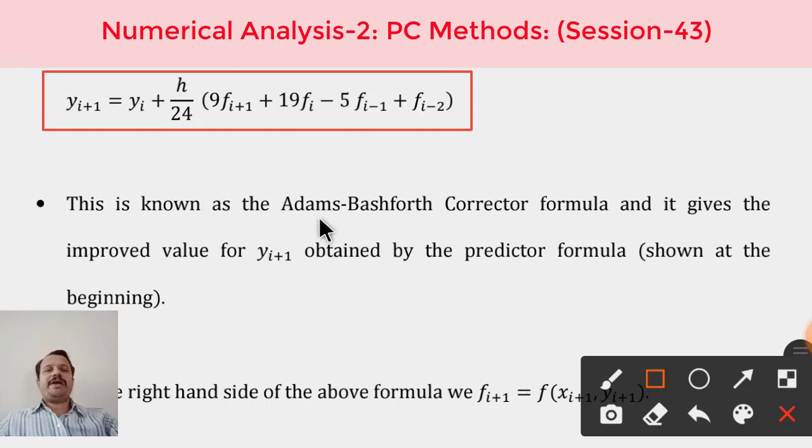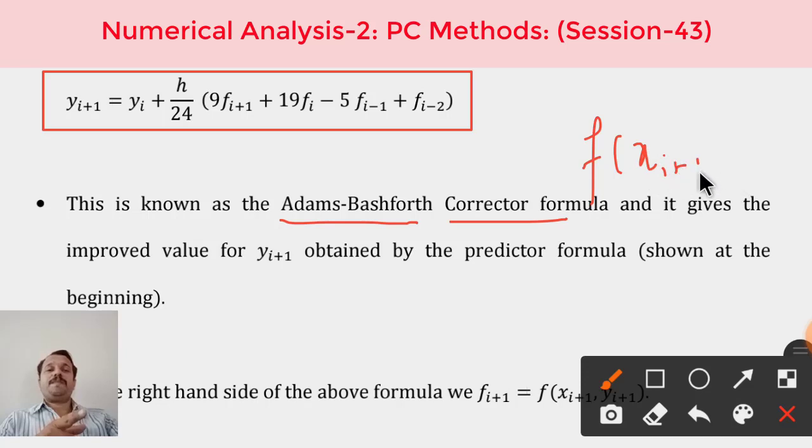This is the required Adams-Bashforth formula. Adams-Bashforth corrector formula, particularly because it is the correction. It is going to correct the predicted value because it is using the predicted value here. You can observe this f_{i+1} means the value of f at x_{i+1}, y_{i+1}, the new point. You can ask me, sir, we are having y_{i+1} on the LHS and here also y_{i+1}. How is it possible?